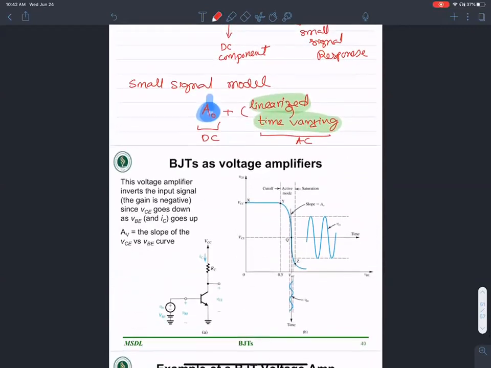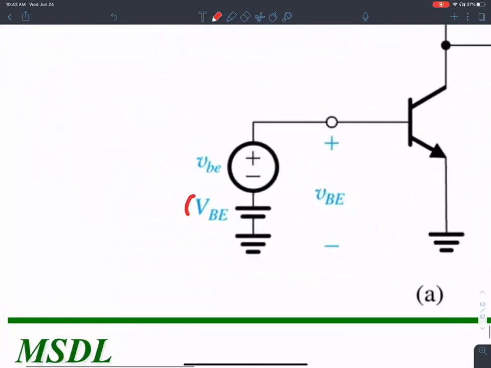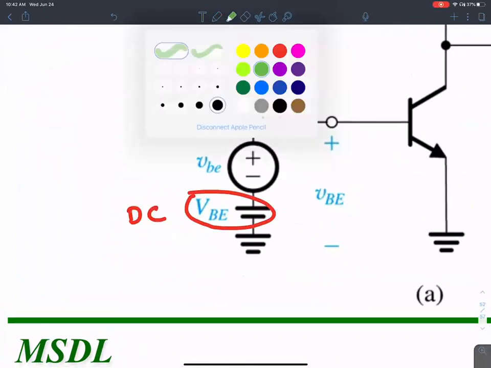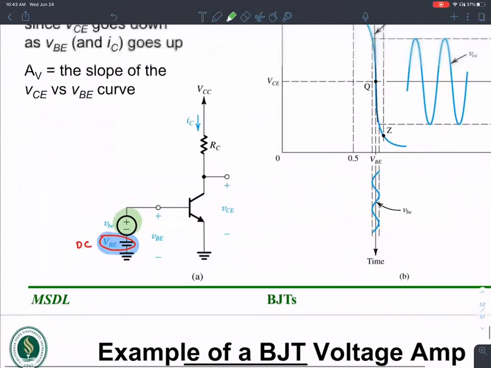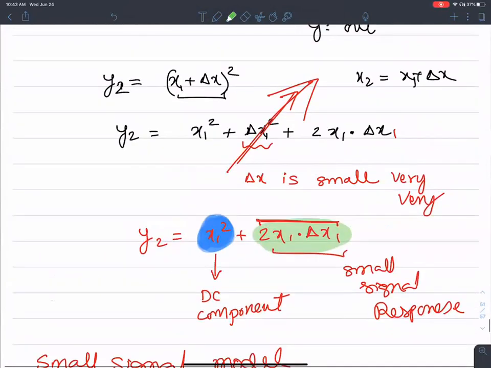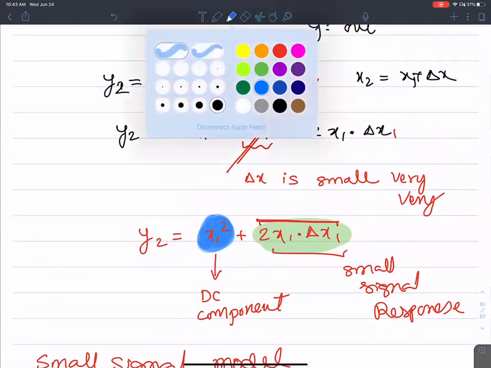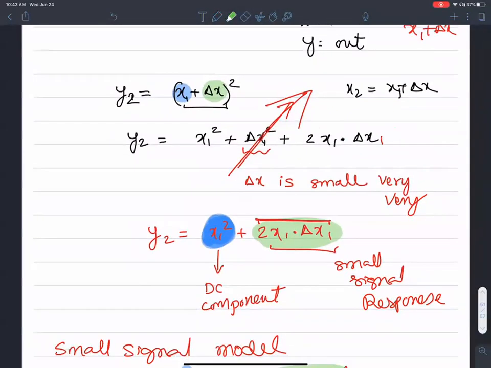So if you look at this circuit here, there is a DC term here, okay, which I had shown earlier using the blue highlight. And then there is a small AC term here, okay. So that represents the DC term over here, and a small change in the input.